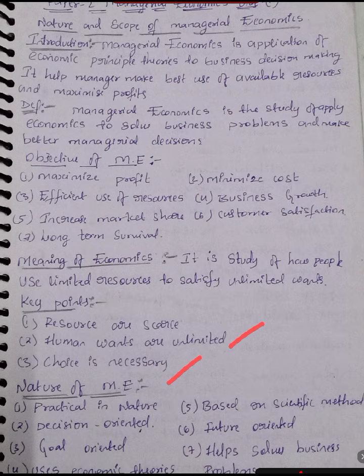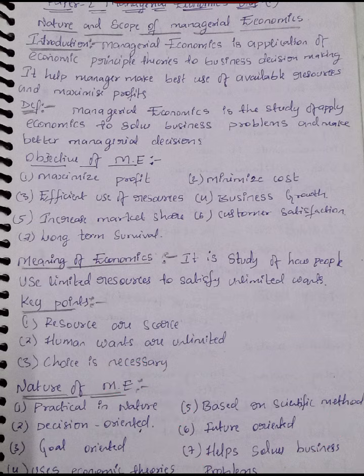And the nature of managerial economics, I have mentioned here as ME, managerial economics. Please note this down. Nature of managerial economics: practical in nature, decision oriented, goal oriented, uses economic theories, based on scientific method, future oriented, helps to solve business problems.